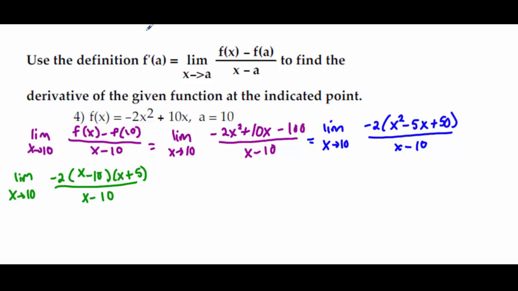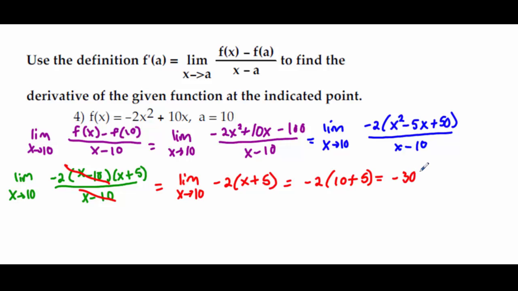This is how you know you're using this formula right, is now something should cancel the bottom, which it did. And then what's left over, we should be able to plug 10 into. So negative 2 times x plus 5. I'm going to put 10 in where x is. So that's negative 30.